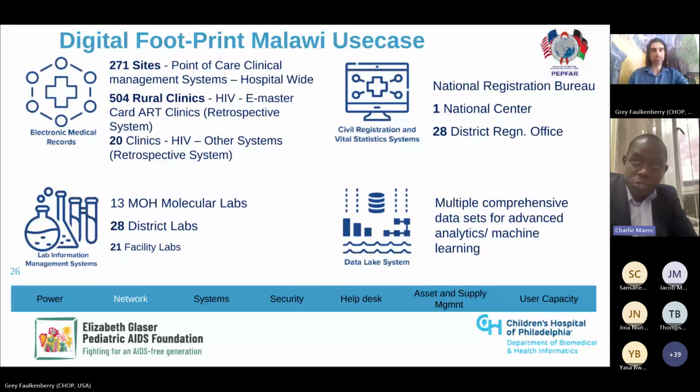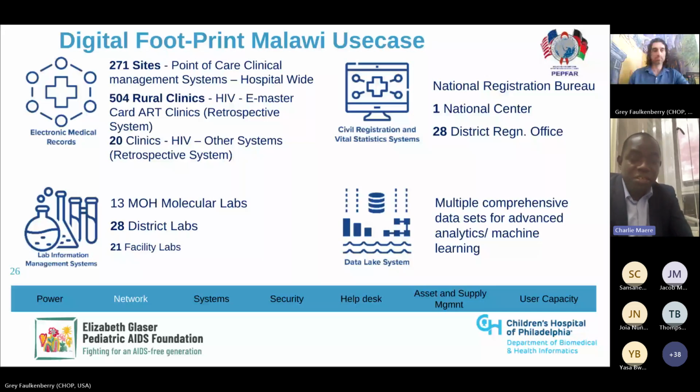And these are big hospitals like central hospitals, district hospitals, big community hospitals, referral hospitals, which have high volumes of clients going through them. But apart from that, we also have other rural clinics which we have digitized with a retrospective system called eMastercard, about 500 something facilities, which together give 100% coverage for all hospitals in Malawi offering HIV and AIDS services.